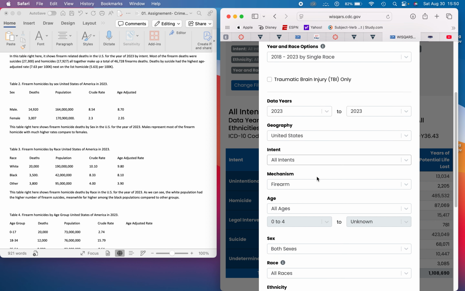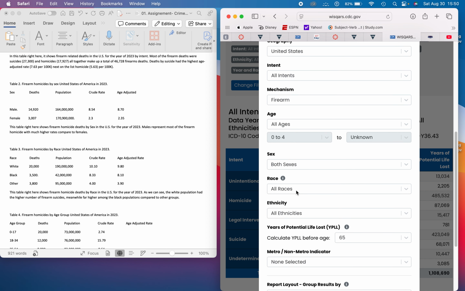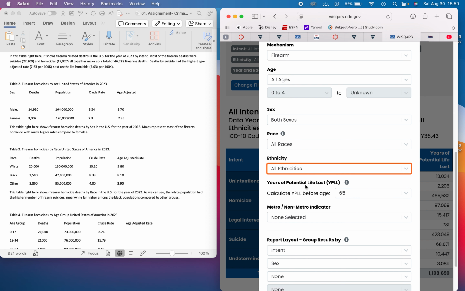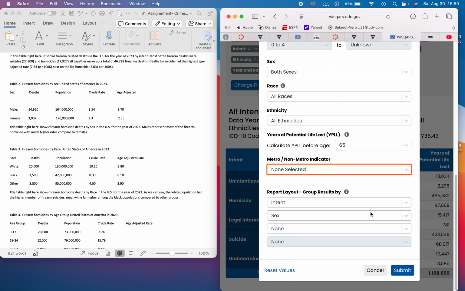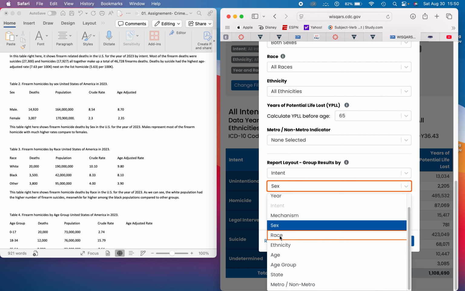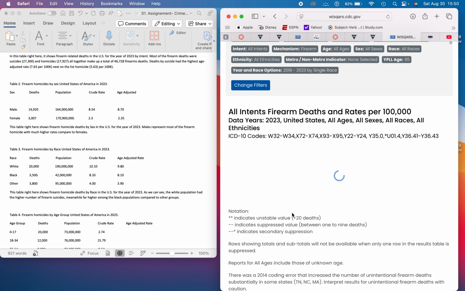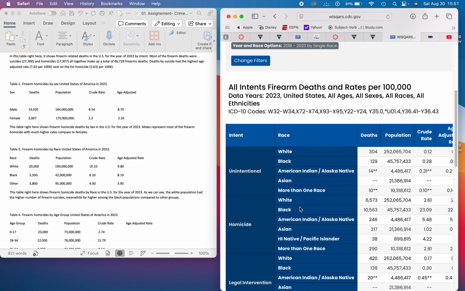Intent, firearms. Okay, both sexes, all ethnicities, and everything. Go to race, and I'm going to submit it right here. Yep. We got the race, homicide.